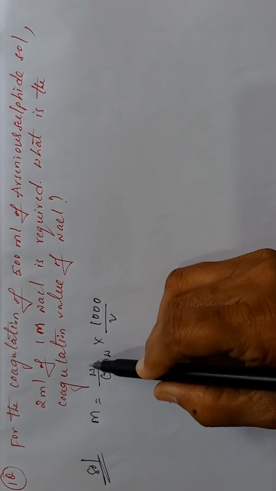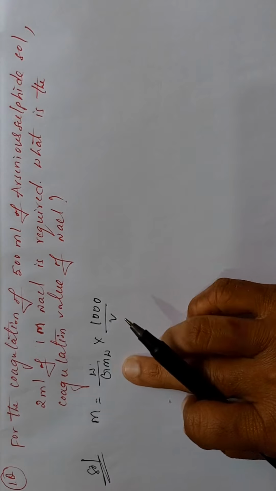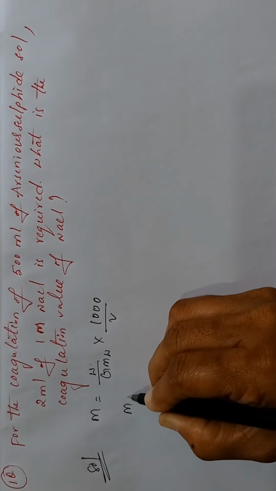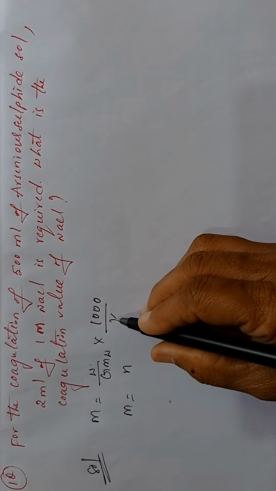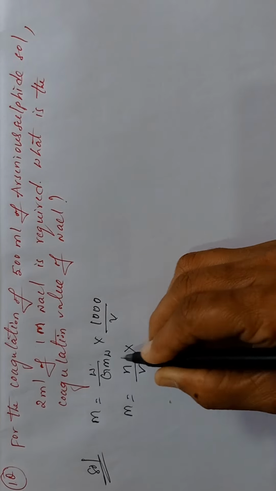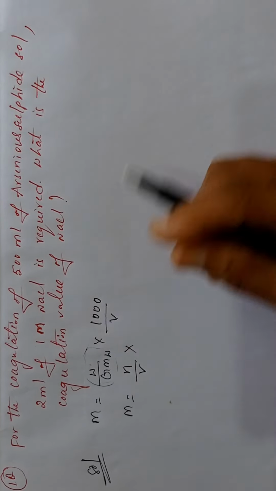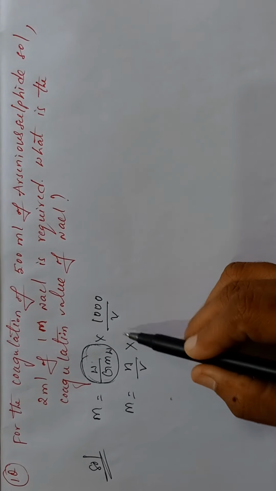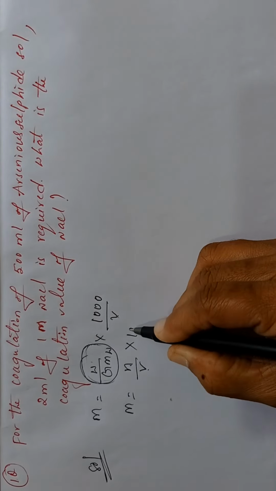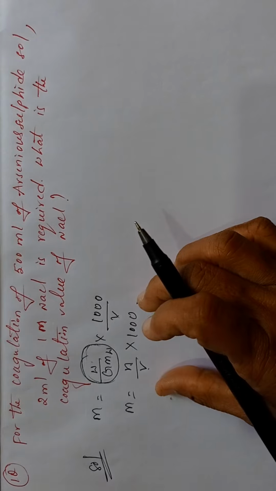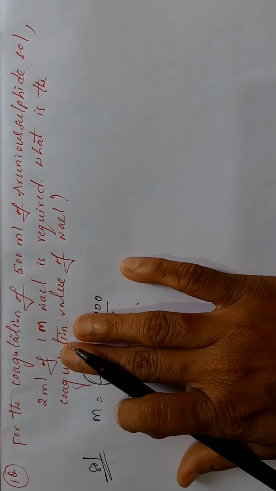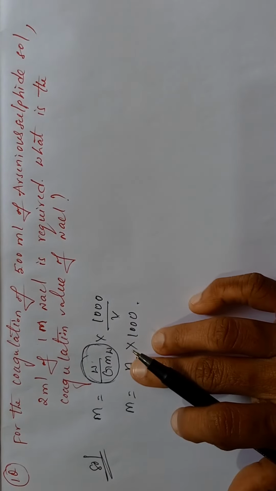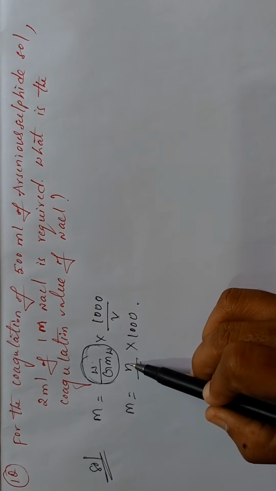Now here, weight by gram molecular weight is nothing but the number of moles, so molarity is equal to n by V into 1000, where n is the number of moles. Are you clear? This formula I am going to use, students, to calculate the minimum number of millimoles. The n value I am going to calculate here.